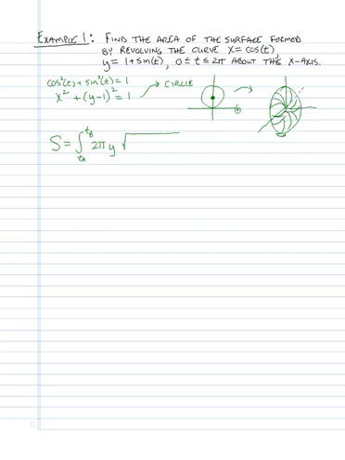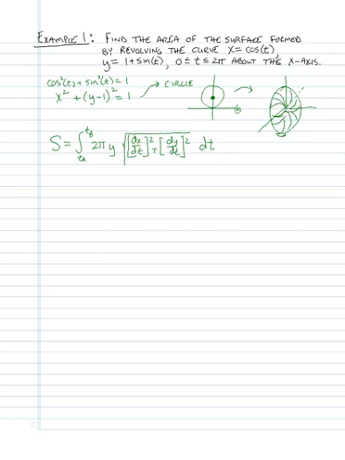Remember, 2 pi times y is actually our circumference, not of the circle, but of our rotation strip. Okay, 2 pi times y times the square root of the derivative of x with respect to t, squared, that's our parameter, plus the derivative of y with respect to t squared, and that integral is with respect to t. So we just start filling in the pieces.